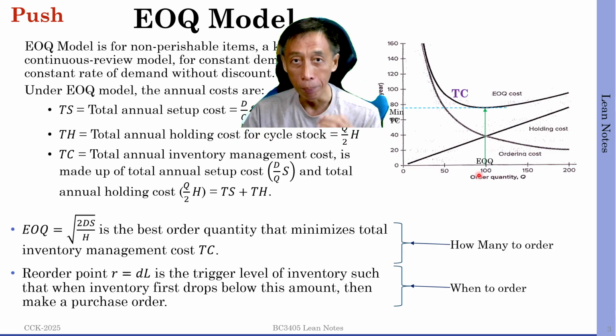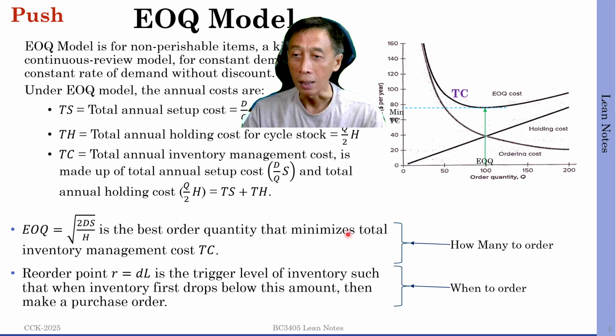We can prove that if you choose the quantity given by the EOQ, which is just substituting annual demand D, your business environment's setup cost, your business environment's holding cost per unit per year, do this math, which is so complicated that it has a square root, but that's about it.